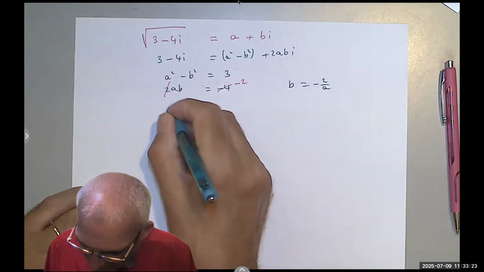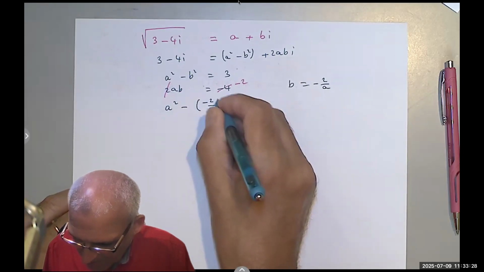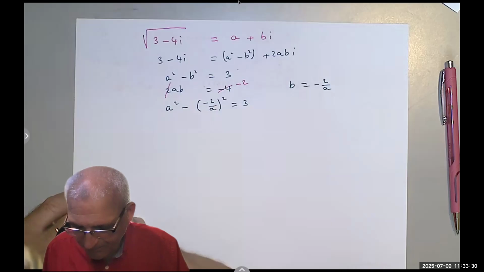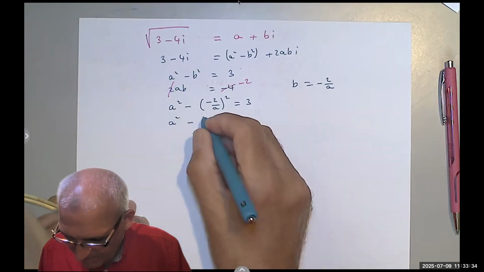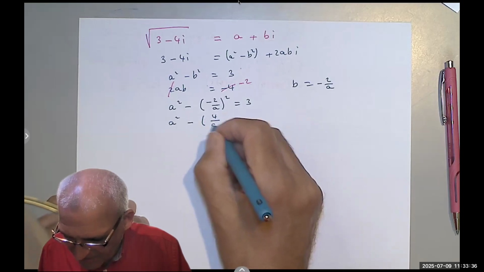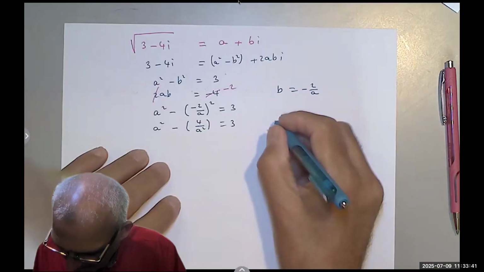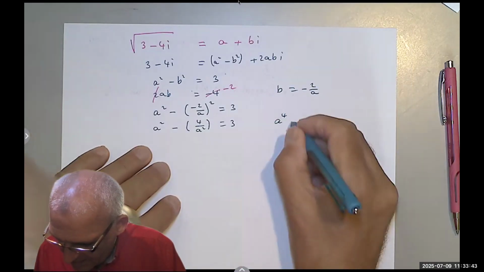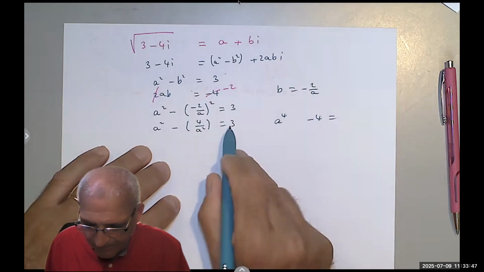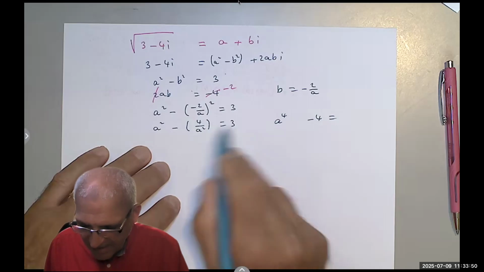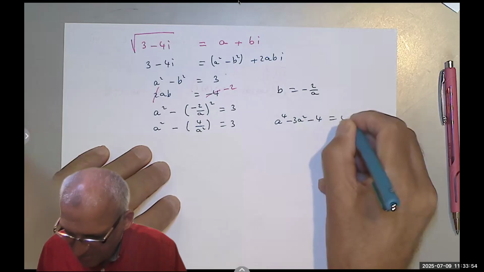So here I have a square minus negative 2 over a, quantity square, equals 3. a square minus 4 over a square equals 3. Multiplying everything by a square, I get a to the fourth minus 4 equals 3a square. I'm going to move it here and say a to the fourth minus 3a square minus 4 equals 0.